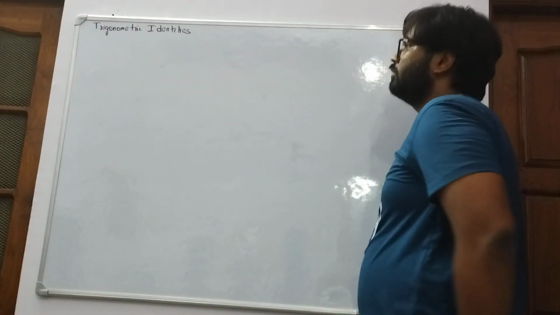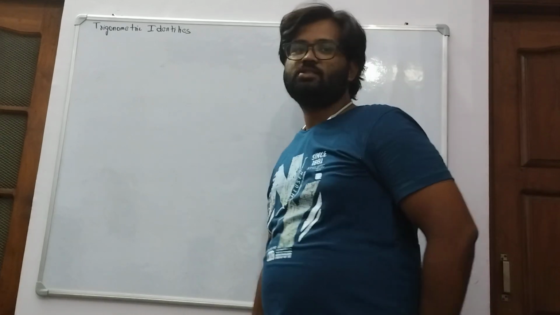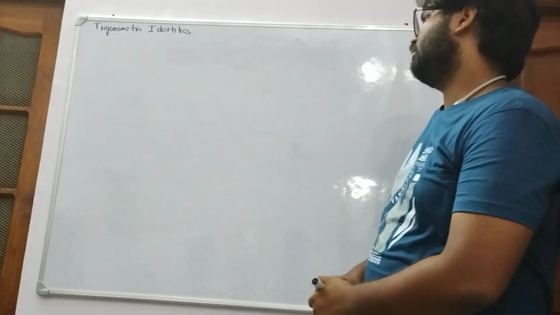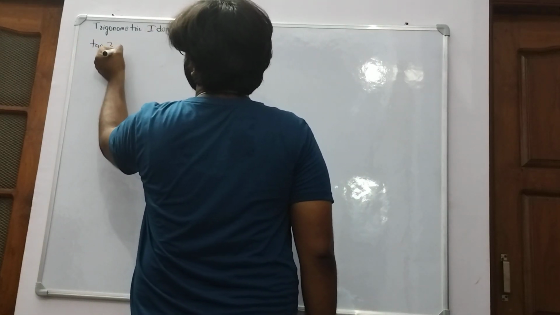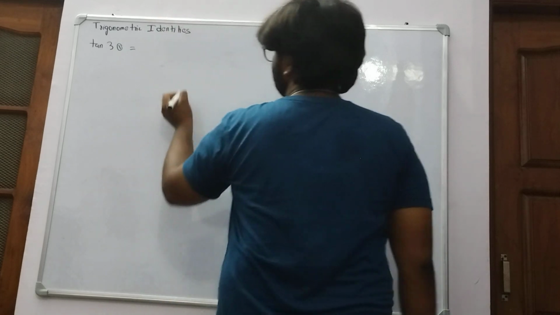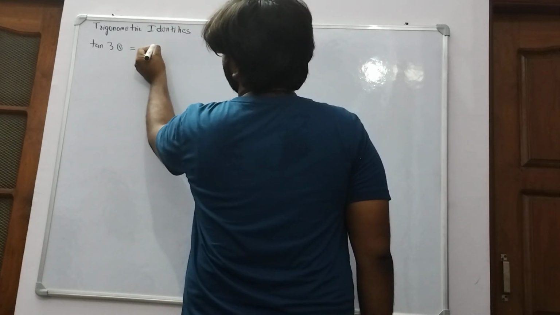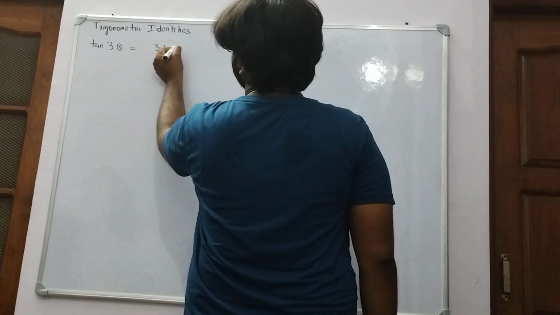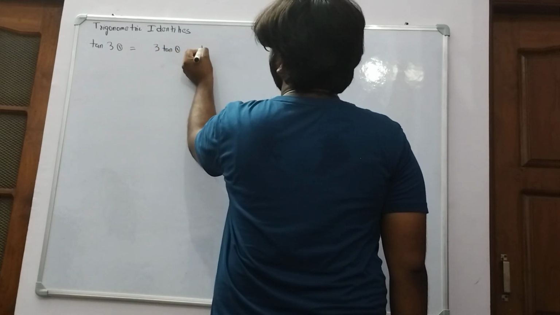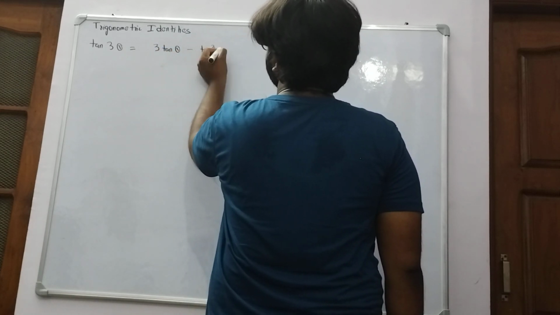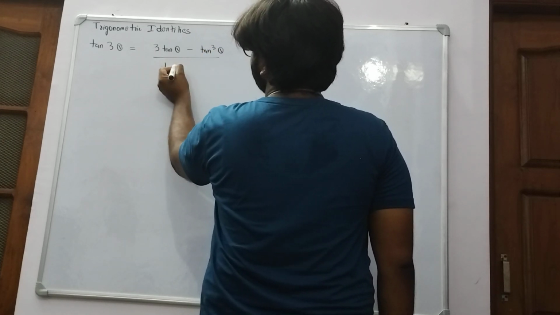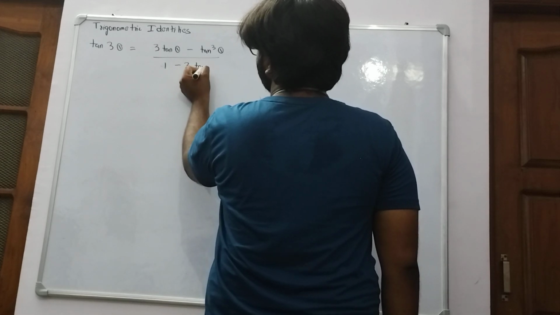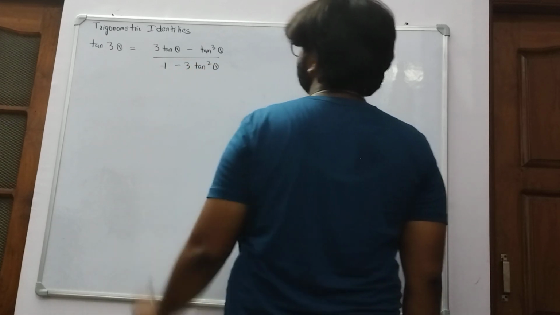Okay, I hope you all have taken the screenshot of the previous formulas. Let's start with the other set of formulas. Tan 3 theta is 3 tan theta minus tan cube theta, whole upon 1 minus 3 tan square theta.